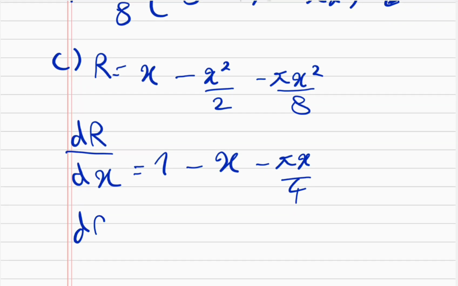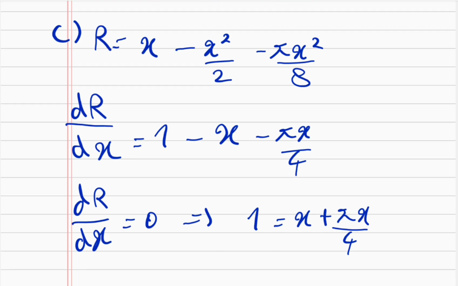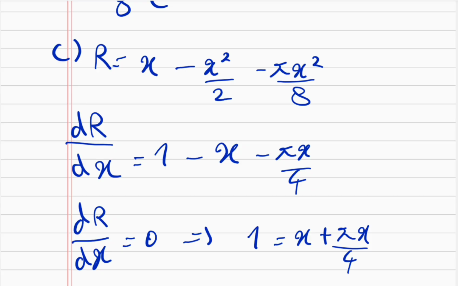So we set this equal to 0, and we are going to have 1 is equal to x plus pi x over 4. Let's multiply by 4, so we get 4 is equal to 4x plus pi x, and then take a factor of x.